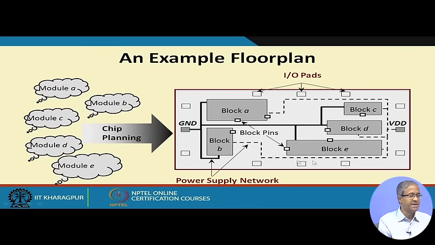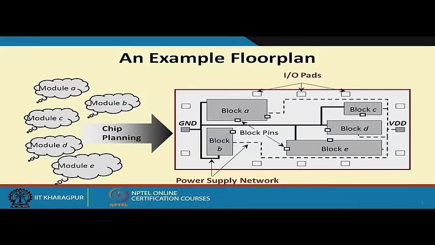So, this is a typical solution to the floor planning problem, including power and ground planning. This is the overall chip planning I am showing, but if we do not consider VDD and ground planning here, our floor plan will only consist of the blocks and their relative positions in the floor. We shall see some examples later also.